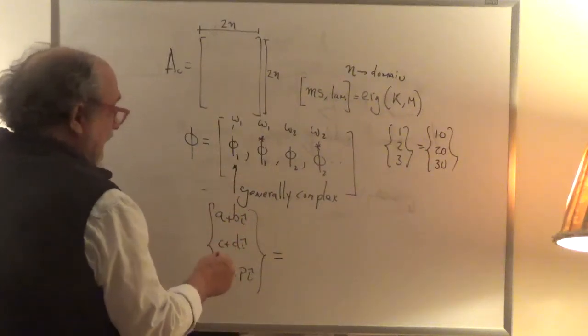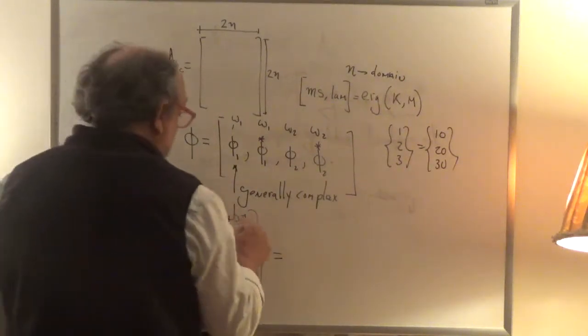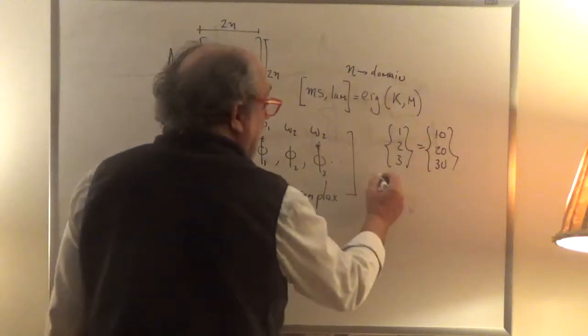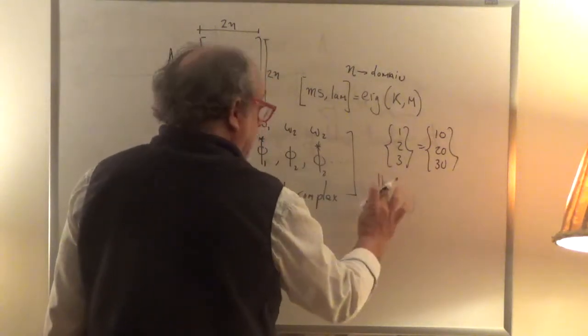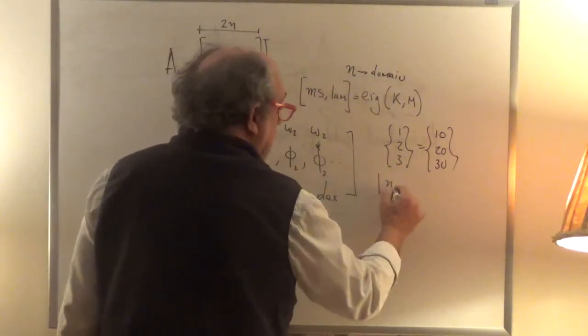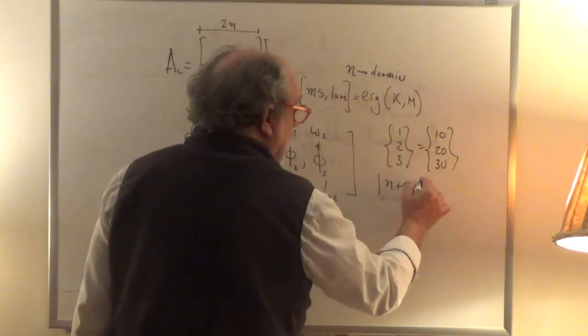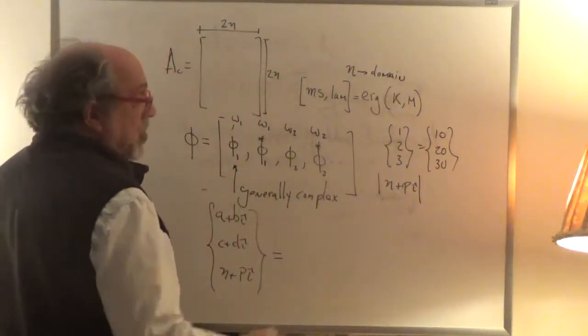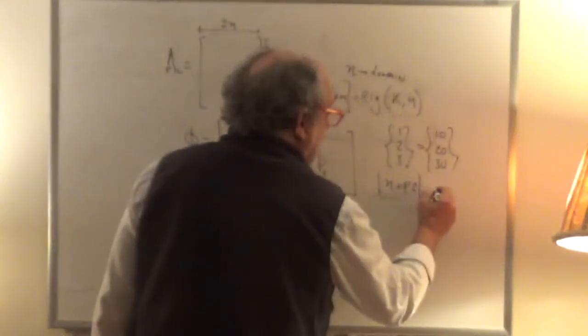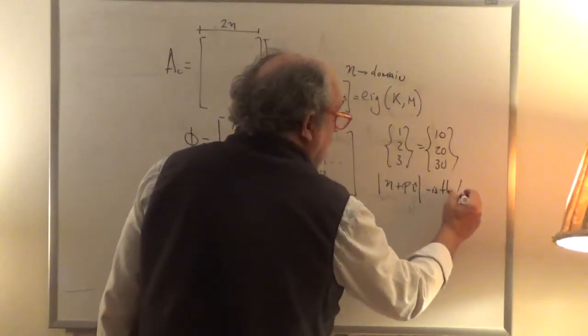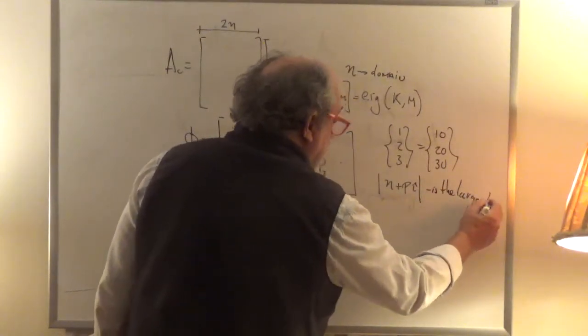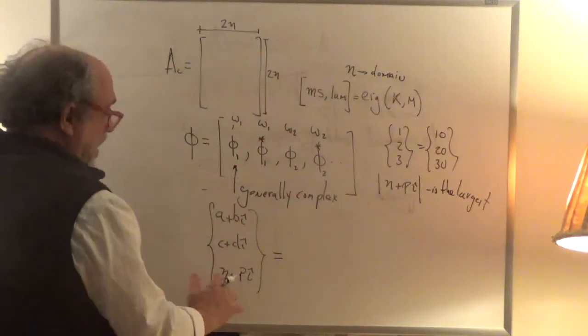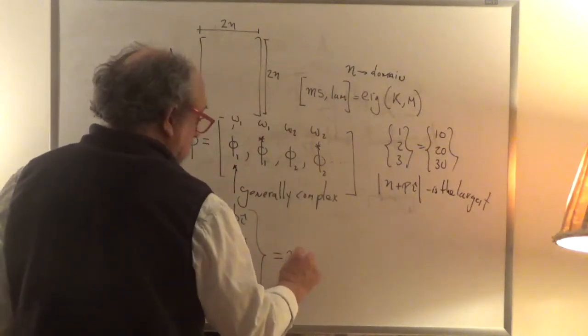So let's say, for example, that the absolute value of n plus pi was the largest. That means that of these numbers I take the one with the largest absolute value and take it outside.